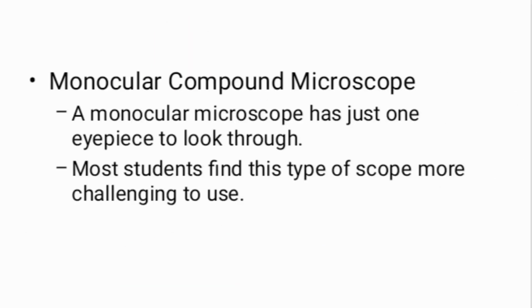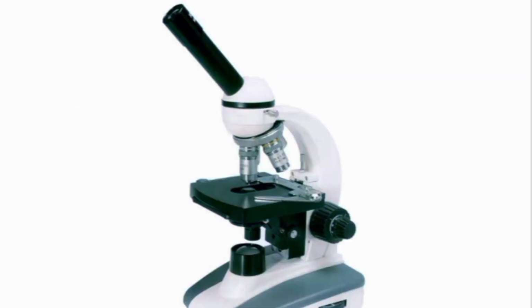Monocular compound microscope. A monocular microscope has just one eyepiece to look through. It has just one eyepiece or ocular lens. Most students find this type of microscope more challenging to use. You can see the picture of a monocular microscope.